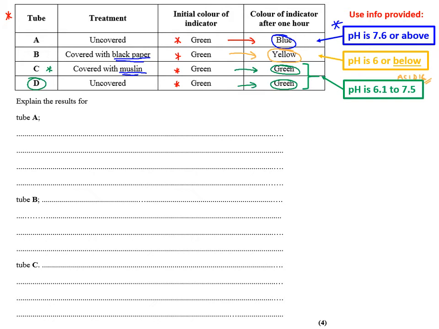Now the question is going to ask us for an explanation for the results that we've just seen in the table, and we're going to start with tube A. If we look again at what's happening here, we can start to formulate an answer. This is going to be two separate points, two separate sentences, to explain why the green indicator turns blue after 1 hour.